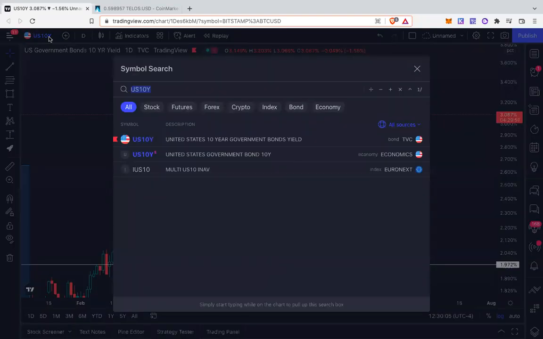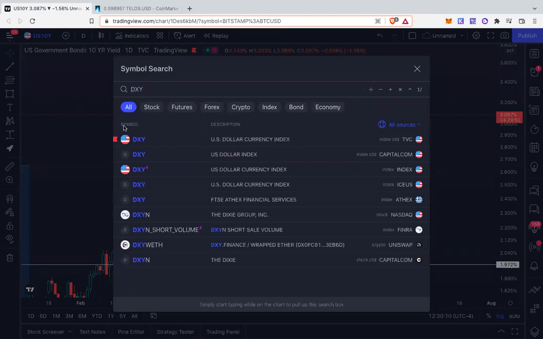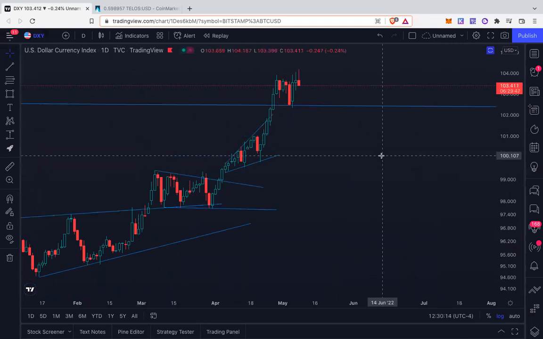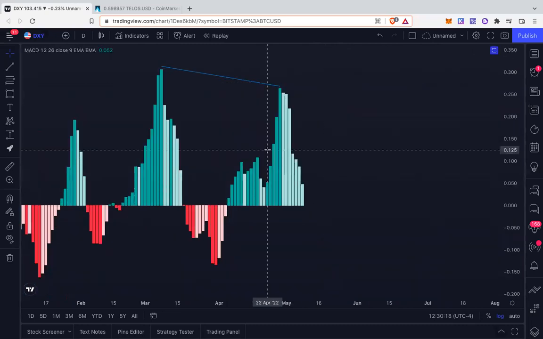Another thing that I kept mentioning to watch out for is the DXY, your dollar, and you're starting to get a rollback today as well. And you do have that daily MACD bearish divergence.